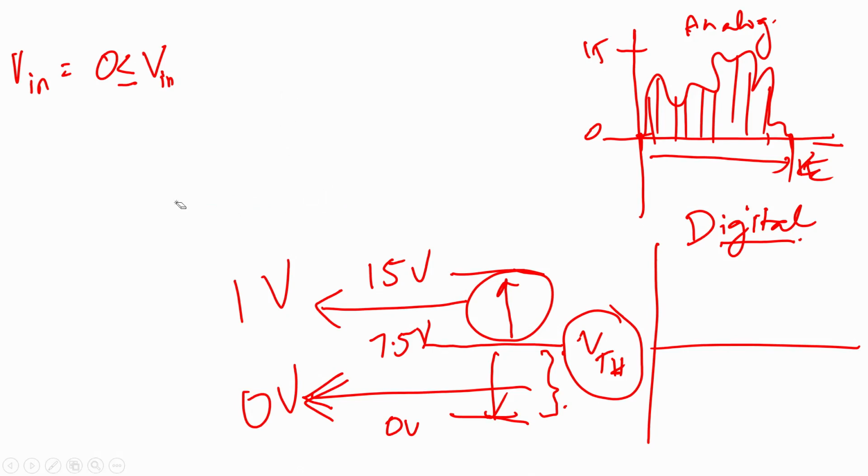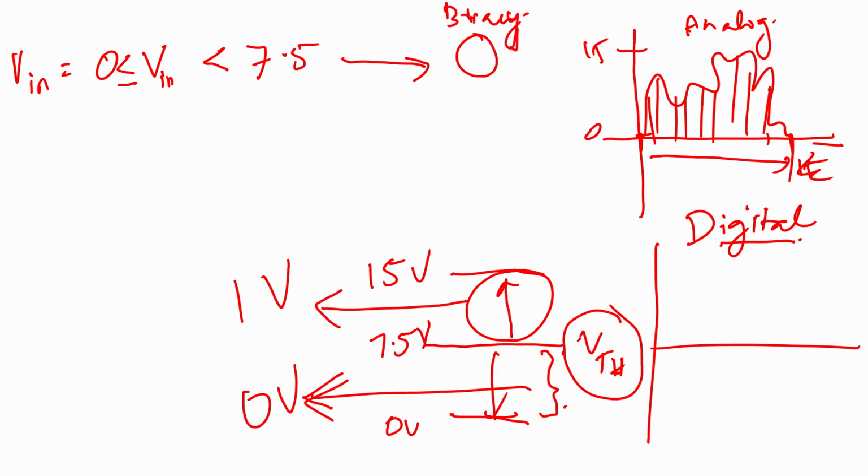If it is anywhere between 0 volt and less than 7.5 volt, let my system translate it to a digital binary value of 0. We do not call it 0 volt, it is just 0, it is binary 0. So, it is binary.